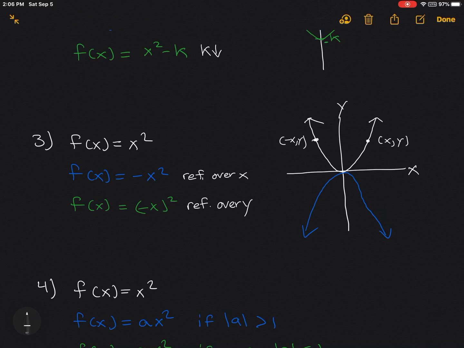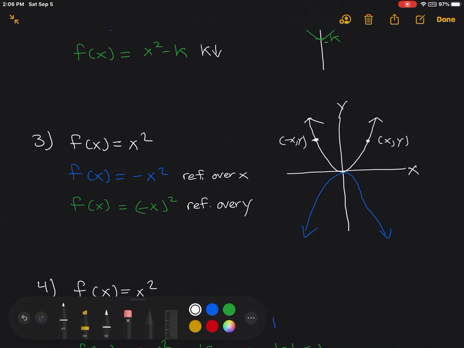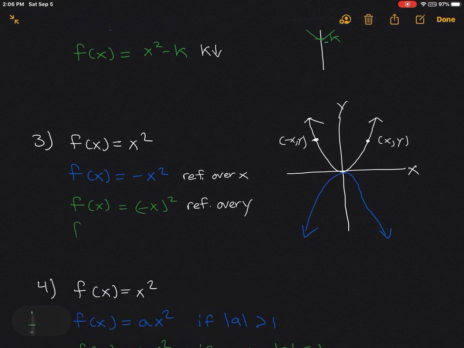And so if I reflect my original parent function over the y, it just ends up being the same graph. And you can see that from just the algebra right here. If I show you real quick, negative x quantity squared, well, that's just x squared. It's just the same exact graph. And so a reflection over the y-axis just ends up being the original graph itself.